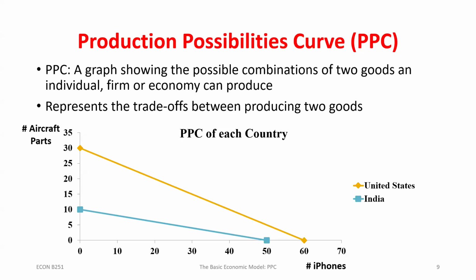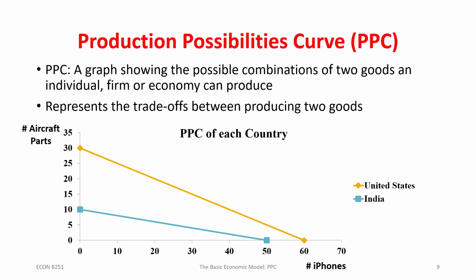Well, what's the cost of one more of the y-axis good to the US? If I want the cost of the y-axis good, it's 1 over the slope, or the inverse of whatever the cost of the x-axis good is. So 1 over 2, or each iPhone is going to cost us 0.5 aircraft parts. What about for India?